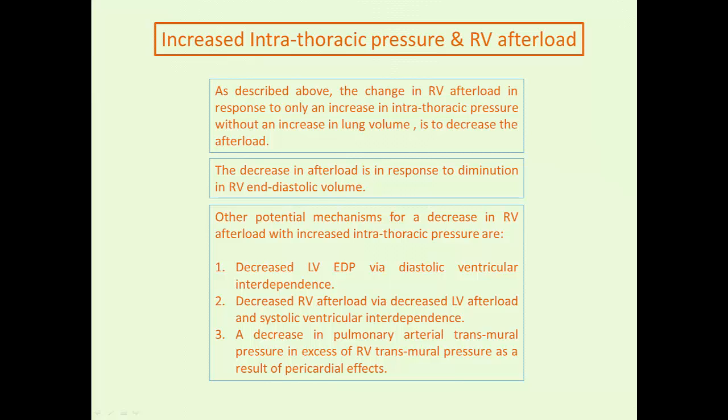So there may be a greater drop in the transmural pressure of the pulmonary artery and the great vessels, which, through hand waving arguments, if you decrease the transmural pressure, you may improve its compliance and therefore decrease its impedance. But again, that's totally speculative.